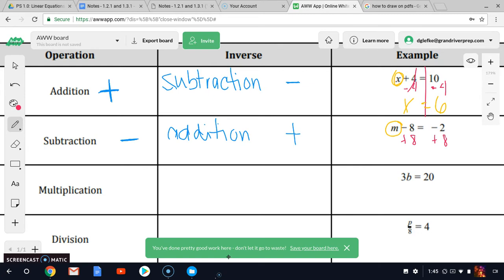I drew a line through the equal sign, so I know I have to add 8 to one side and 8 to the other side. Now we can figure out our answer. The m stays over here. This minus 8 and plus 8 cancel out because they were inverses of each other, equals, and then we have negative 2 plus 8, which is 6.